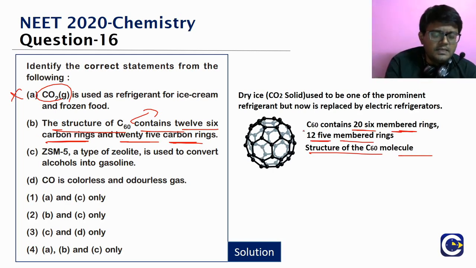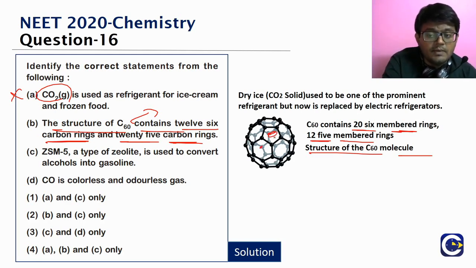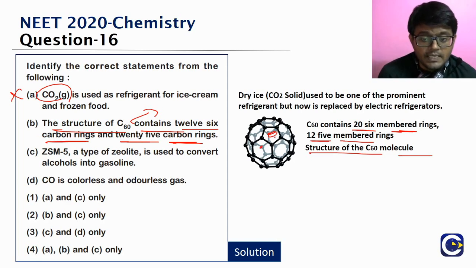So this is again sort of a memory based question. When we look at the allotropic forms of carbon, fullerenes are one of them. How many 5-membered rings and how many 6-membered rings can you see in the structure?